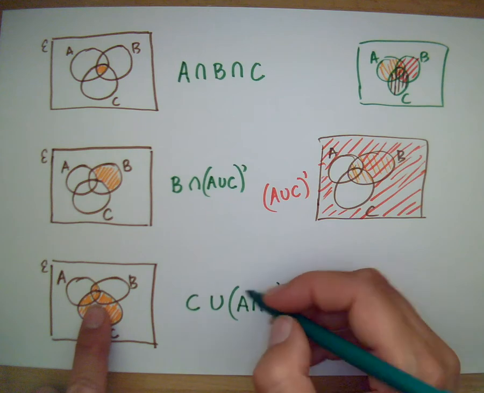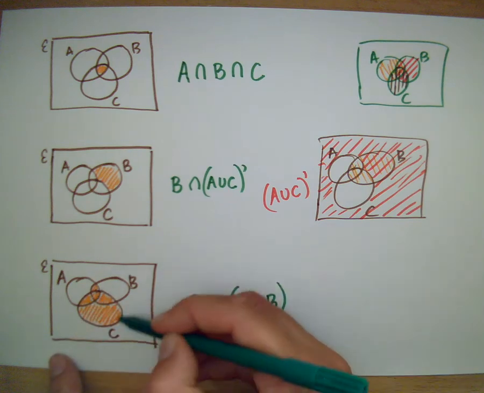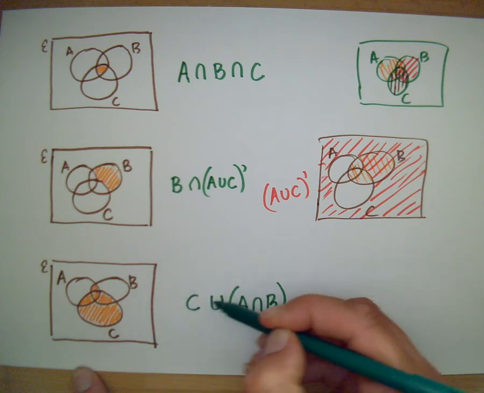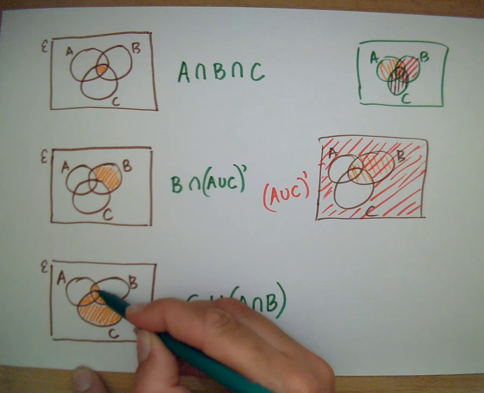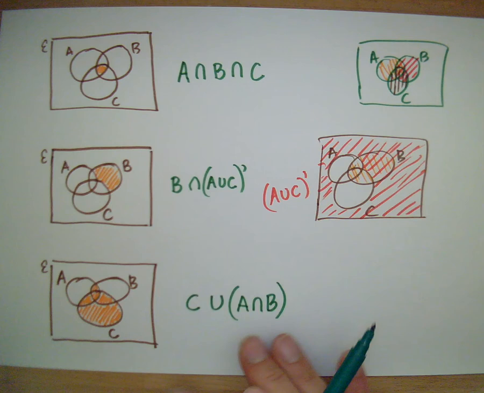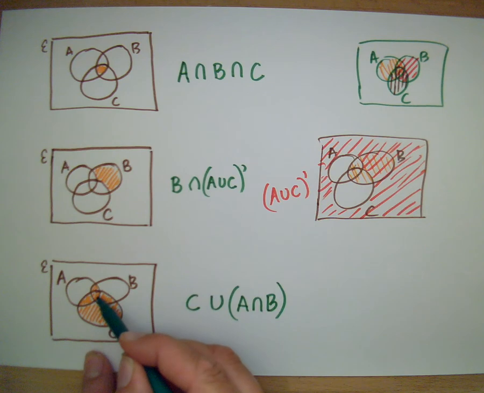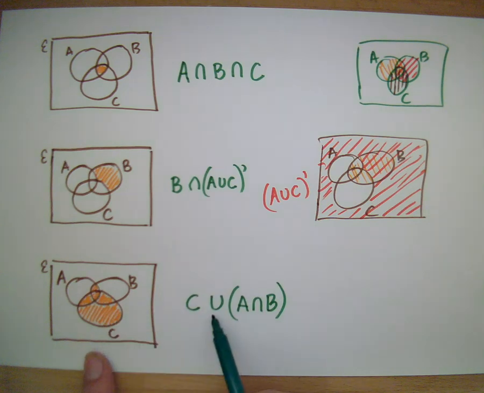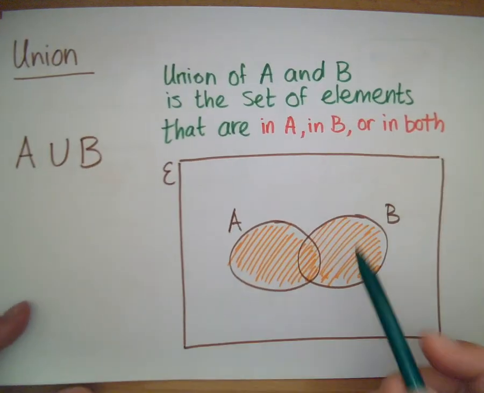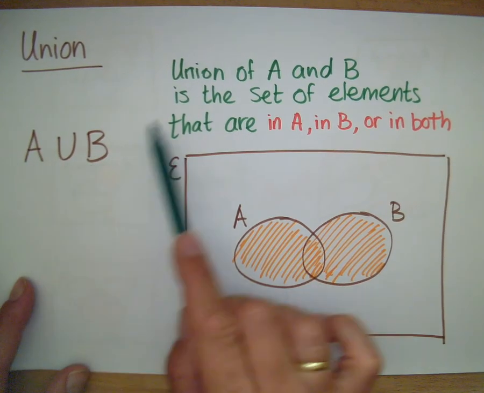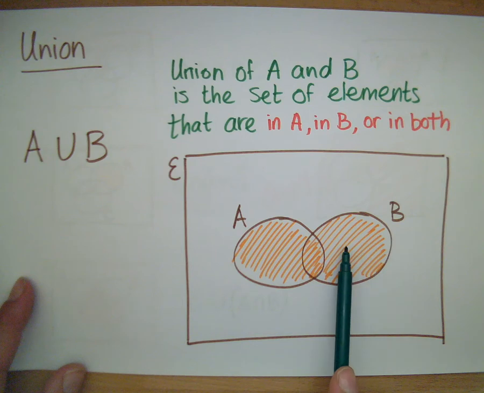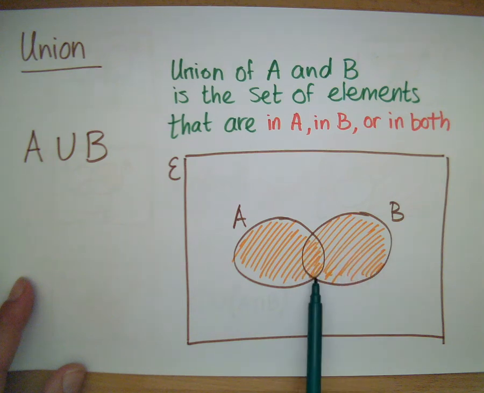You may have noticed that all of C already included this part. So all we were actually adding was this little piece, but it doesn't matter that we named this part twice, because we have the union sign, and the union means the union of A and B is the set of elements that are either in A, in B, or in both, right?